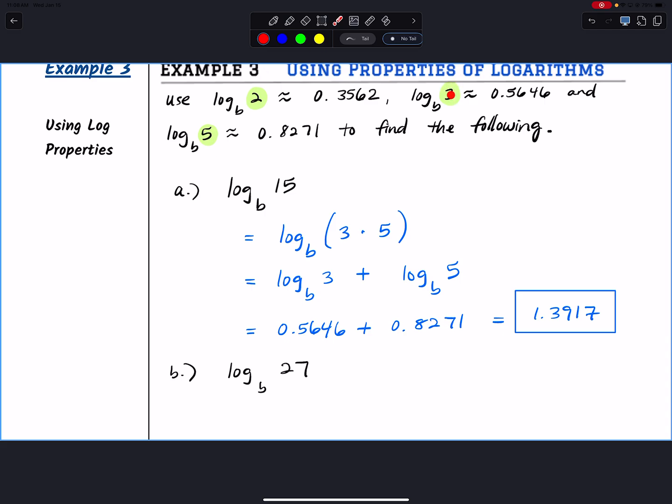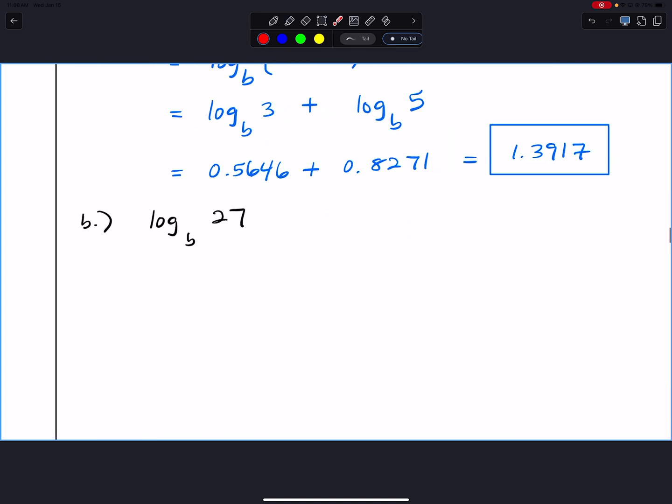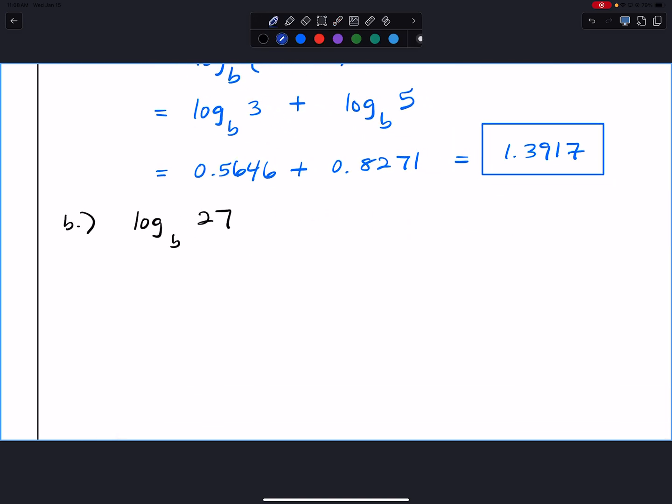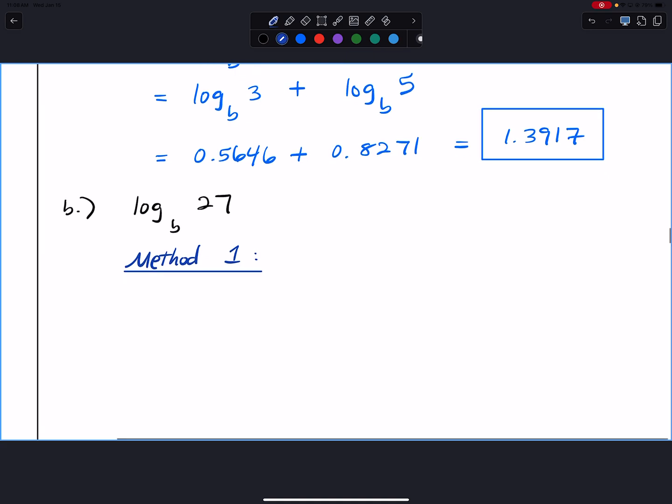Isn't that 27? Okay. So what I want to show you guys is there's actually more than one way to do this one. So this would be the first method. You don't have to do both methods on a test or your homework, but I just want to show you there are different ways you can do this one. Log base B of 27. 27 is the same thing as 3 cubed.